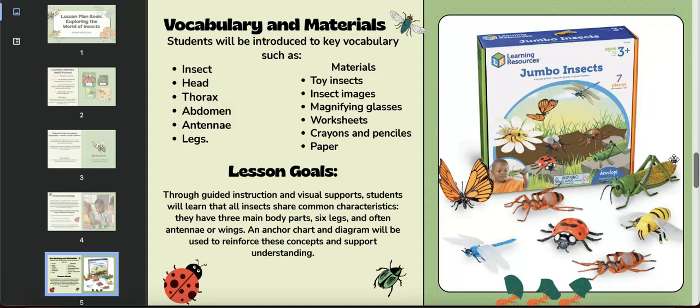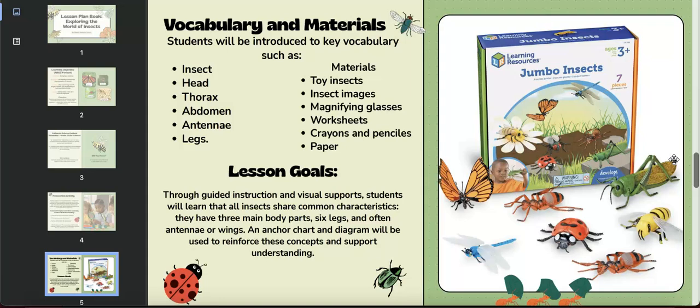So the lesson goals would be that through guided instruction and visual supports, students will learn that all insects share common characteristics. So the main thing here is that they're going to be able to identify 3 main body parts of these insects. What makes them similar? What makes them different?